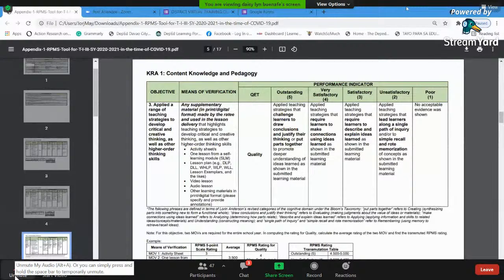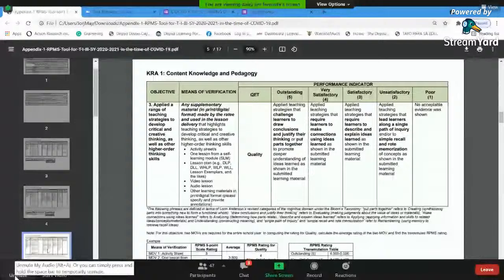So, that is for applying a range of teaching strategies to develop critical and creative thinking. So, okay, let us proceed. By the way, this objective is KRA 2, diversity of learners and assessment and reporting.